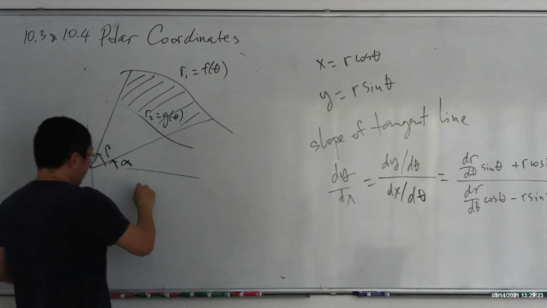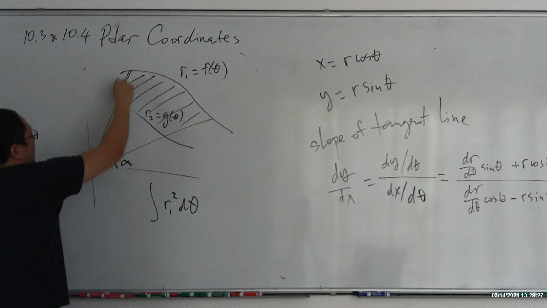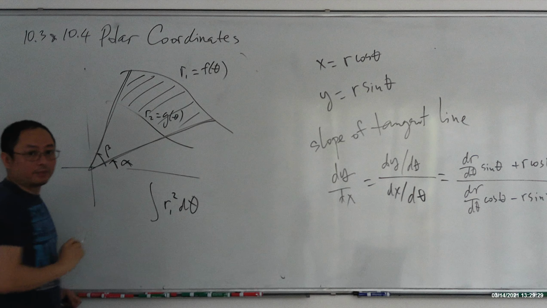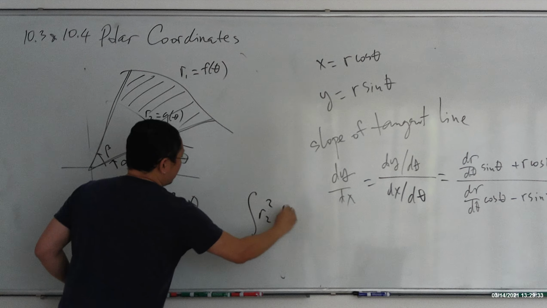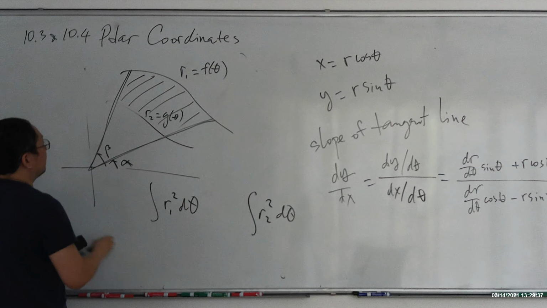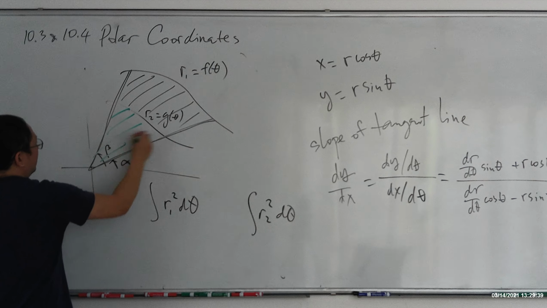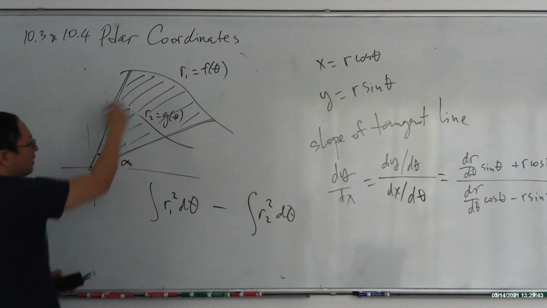If you do the integral of r1 squared d theta, you have this area, the big one. Okay? And if you do the integral of r2 squared d theta, you have this area right here, the green one. So all I have to do is a subtraction. I have a difference.